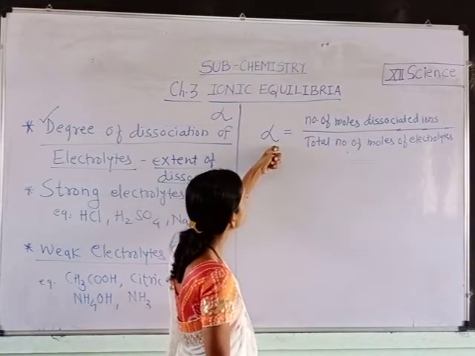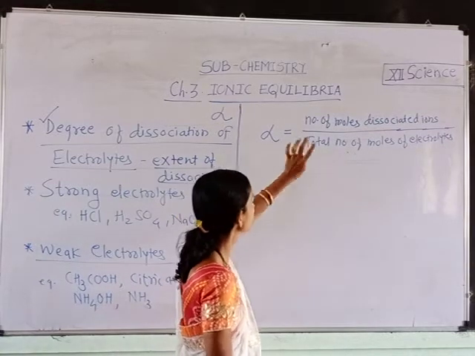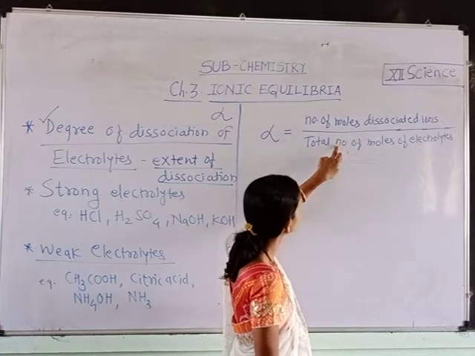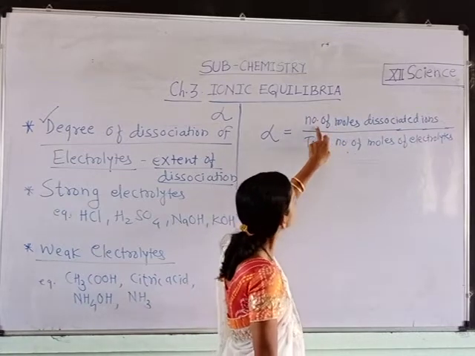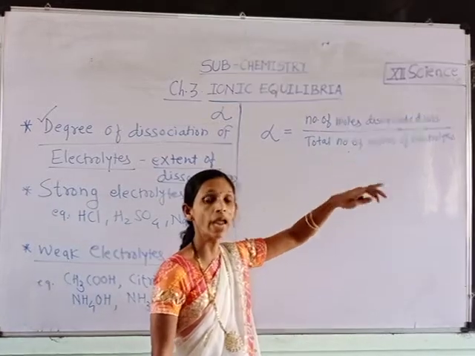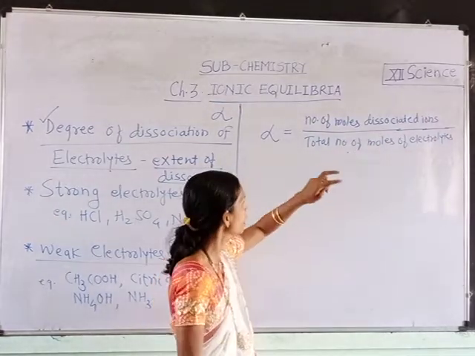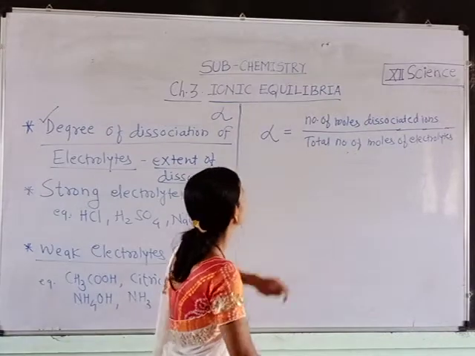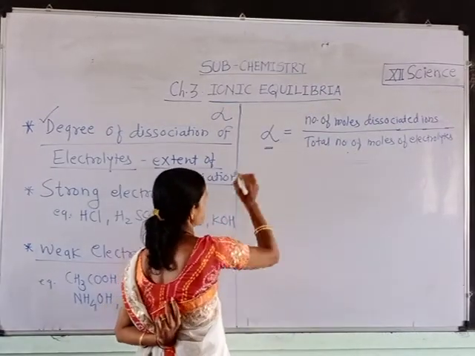That means degree of dissociation is a fraction of the number of moles dissociated in aqueous medium at equilibrium.